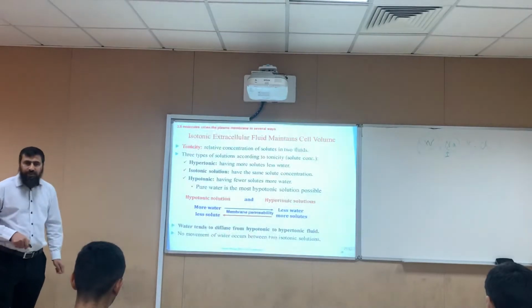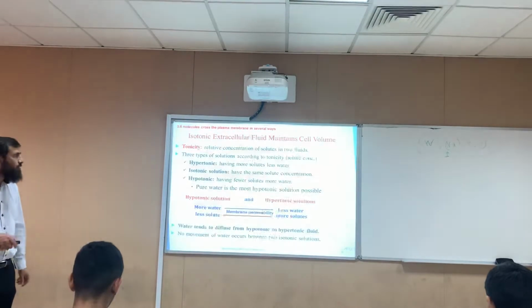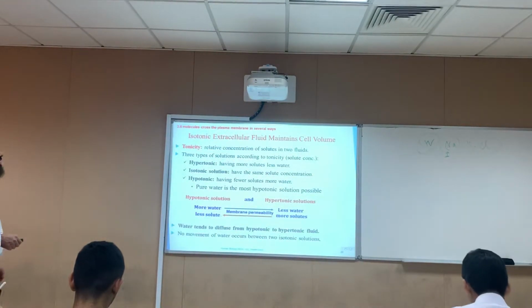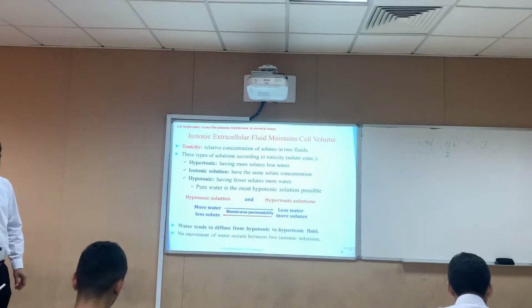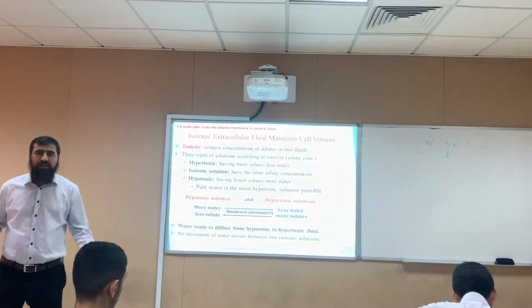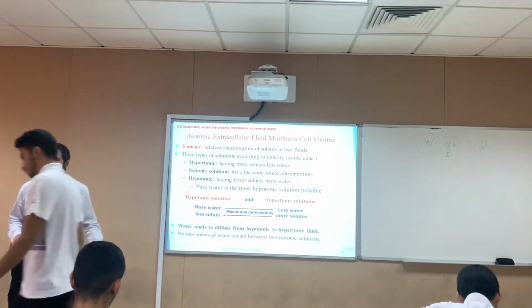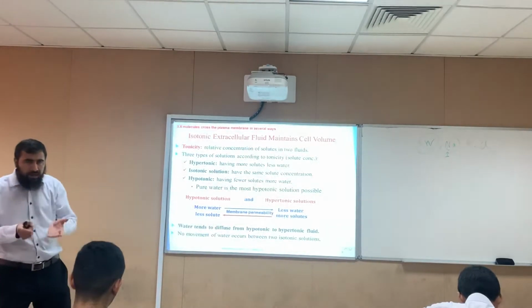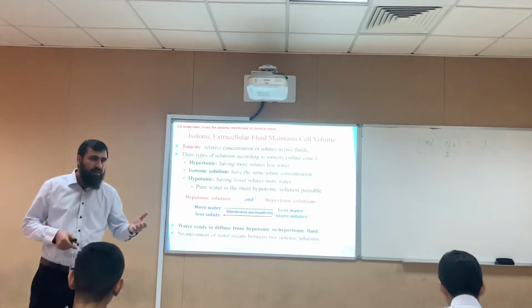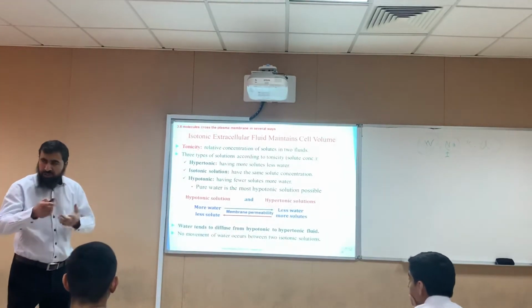This one you've already studied in the lab, so it should be easy to understand. We talk about tonicity. Tonicity is the concentration of solutes in two fluids. In a physiological scenario in the cell, we have the membrane separating the outside from the inside of the cell, so we have two regions and we can establish tonicity there.